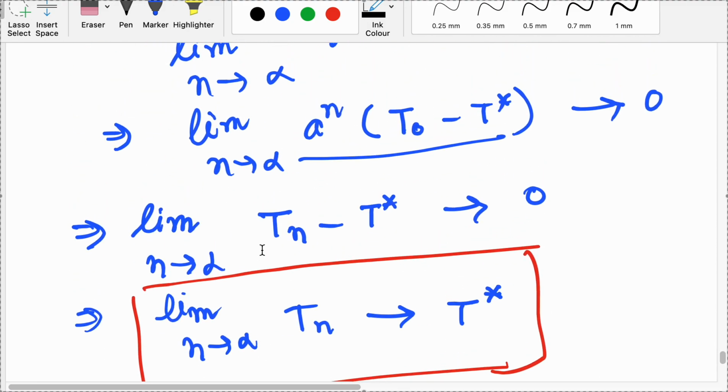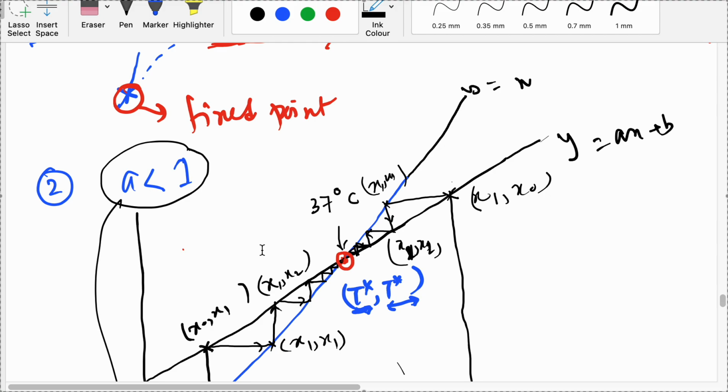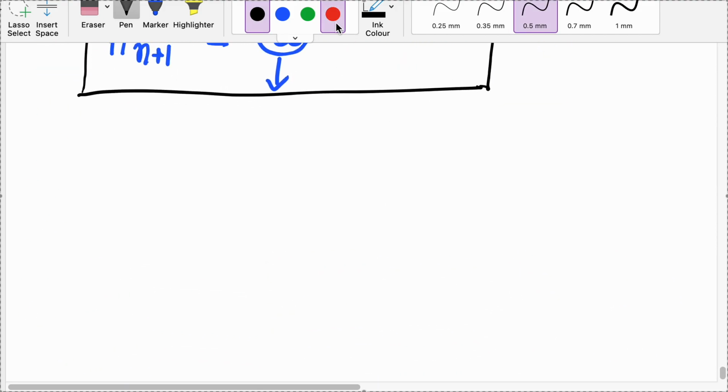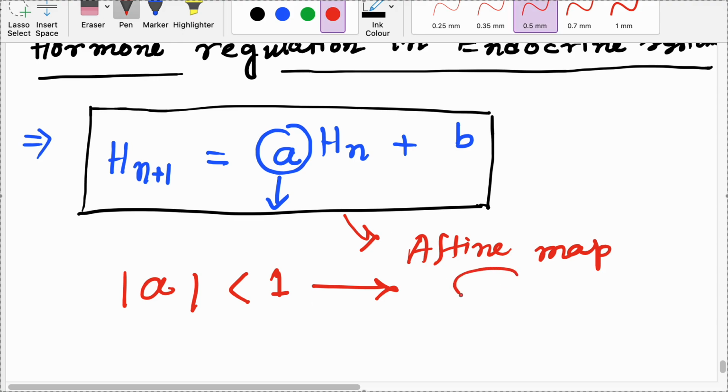And as we have seen for the body temperature regulation, this is again an affine map, and we know that for any affine map, if the magnitude of A is less than 1, then the hormone density will attain a fixed amount, means with time it will approach the fixed point, and in physical terms it means the hormone density will become fixed in our body.